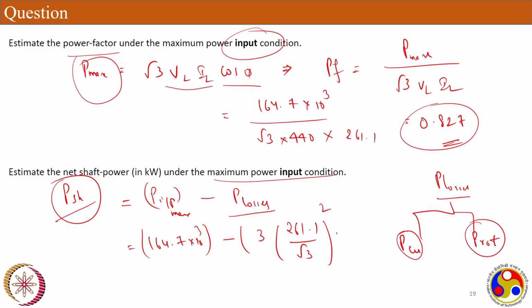Resistance, how much is the resistance? It is 1 plus j5, right? It is 1, minus rotational losses, it is 1 kilowatt, which was given in the question, constant rotational losses. So if you do this calculation you would get the shaft power. Please calculate that. 261 square, plus 1, minus 164,700.